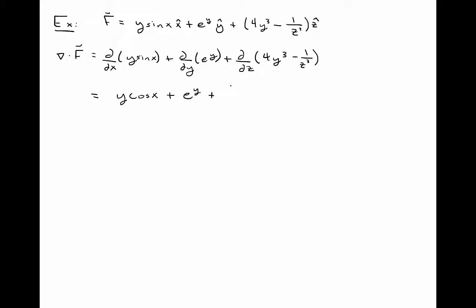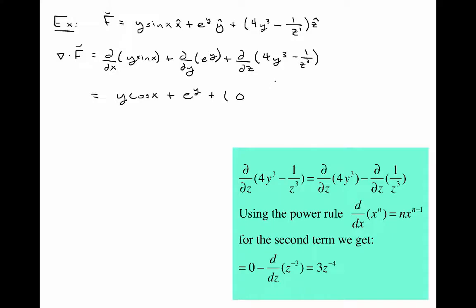Okay, now for this next one, the derivative with respect to z. 4y cubed is not a function of z. Y might as well be a constant. So that's 0. All right, then we need to take the derivative of minus 1 over z cubed.